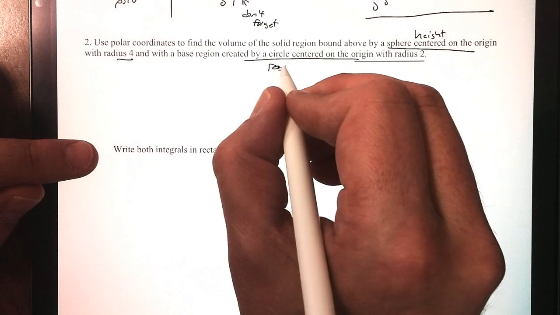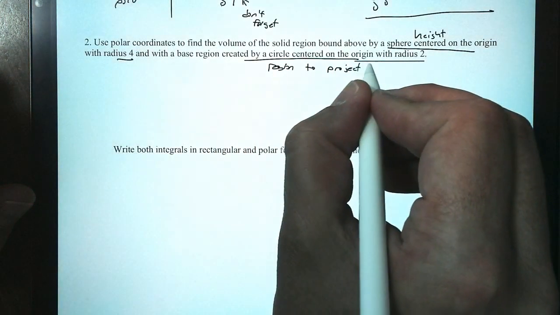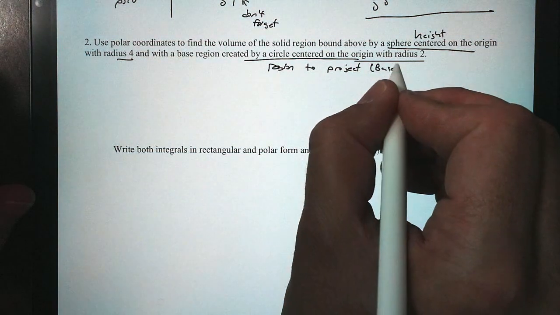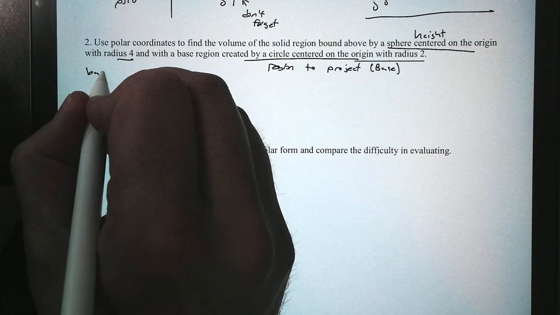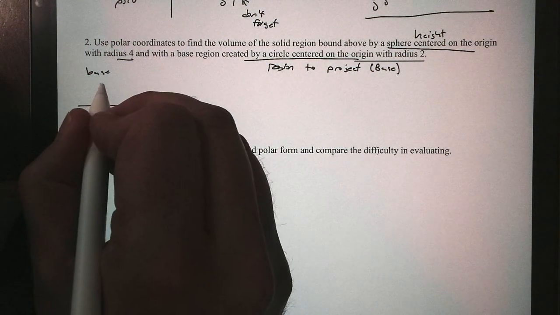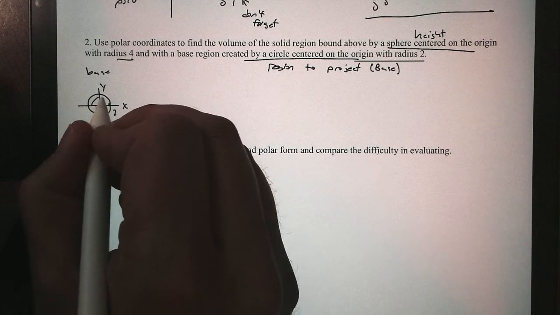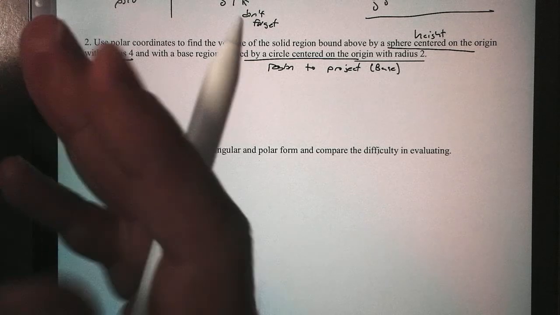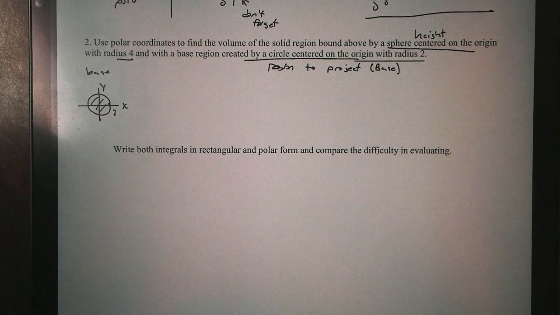So here's the region to project. In other words, they're giving us the base for it. So if we look at the base, they tell us it's a circle centered at the origin with a radius of 2. And we're going to project this up to that surface.